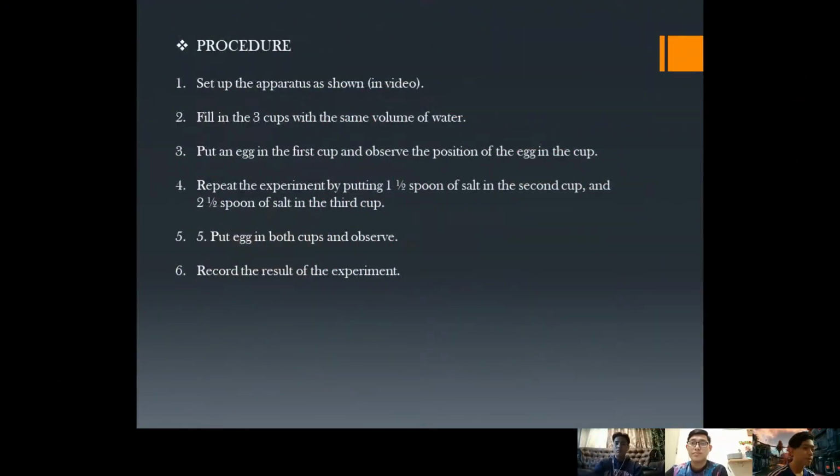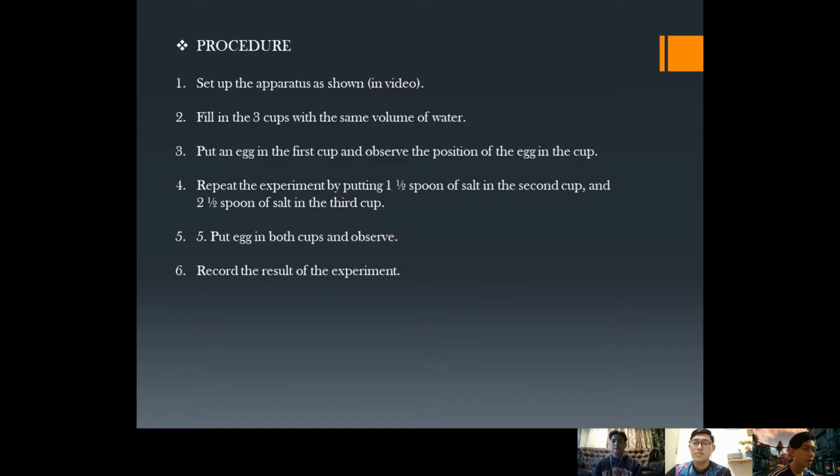Procedure. Number 1, set up the apparatus and show it in a video. Number 2, fill the 3 cups with the same volume of water. Number 3, put an egg in the first cup and observe the position of the egg in the cup.